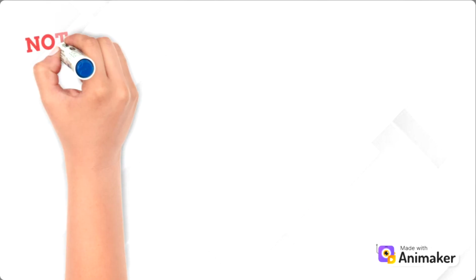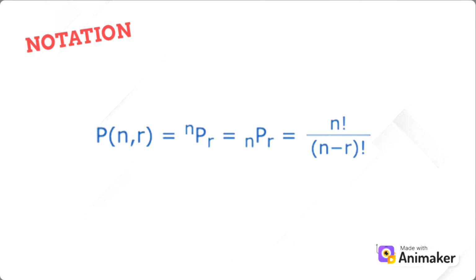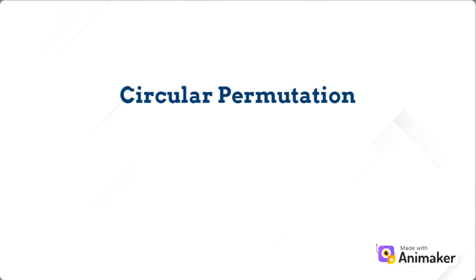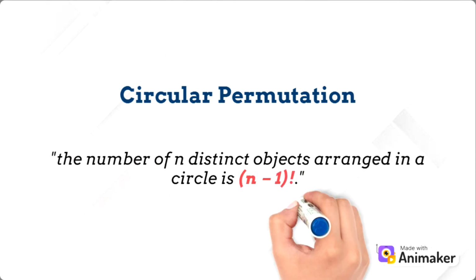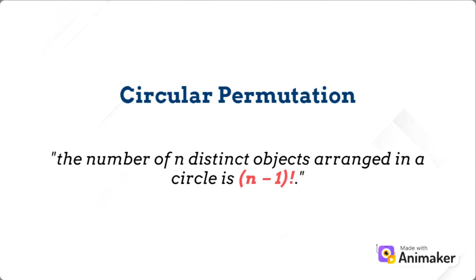Instead of writing the whole formula, people use different notations such as this. We also have the circular permutation. This states that the number of n objects arranged in a circle is equal to n minus 1 factorial.